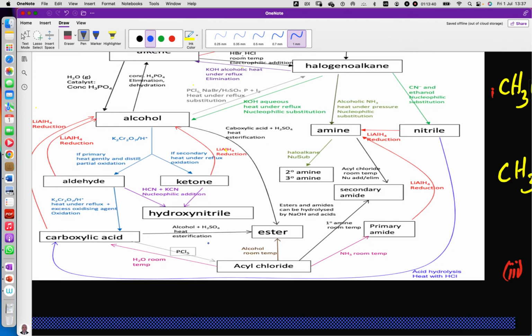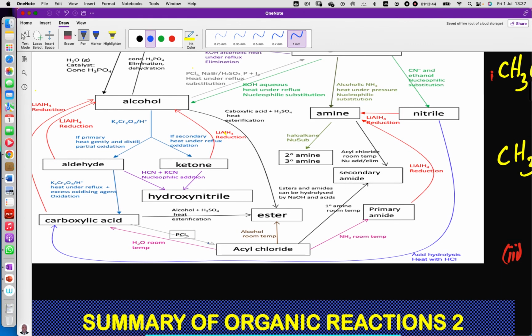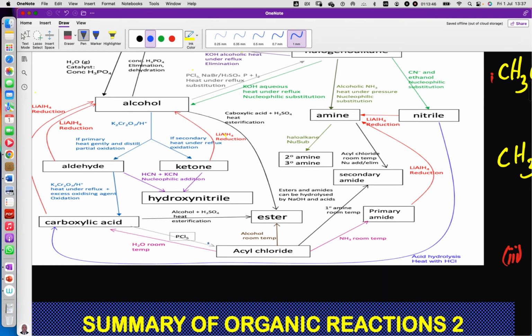This type of reaction between aldehyde and hydrogen cyanide we call a nucleophilic addition. Here, the nucleophile will be the cyanide.